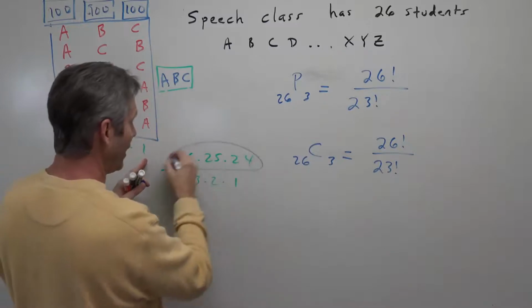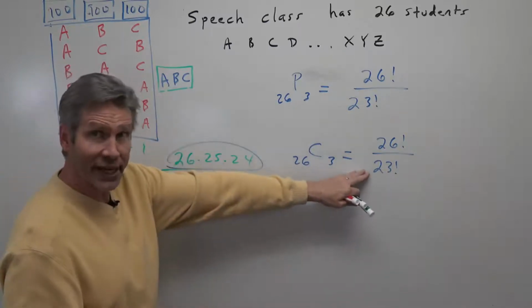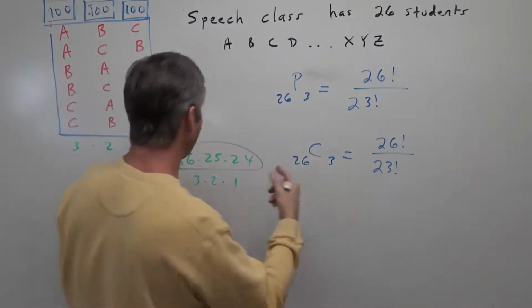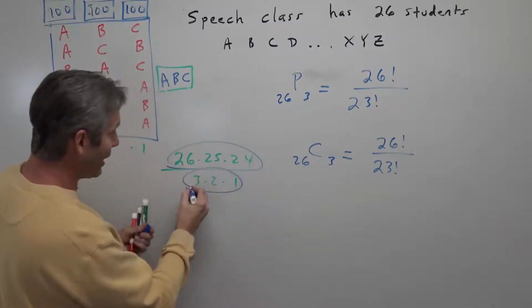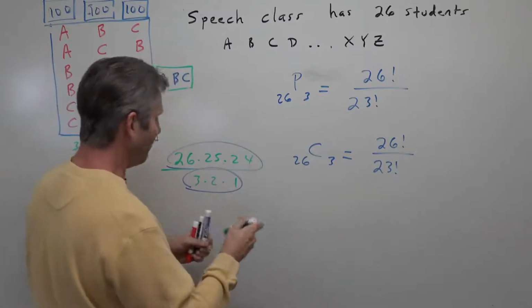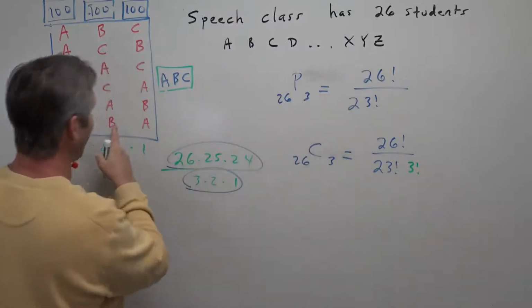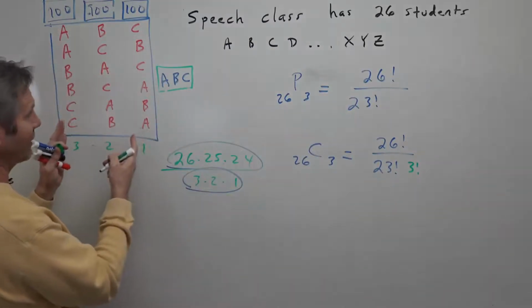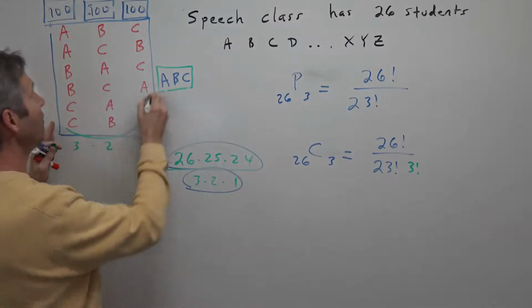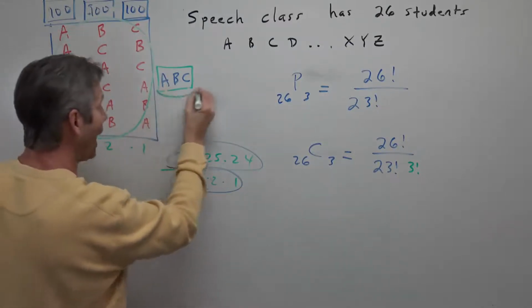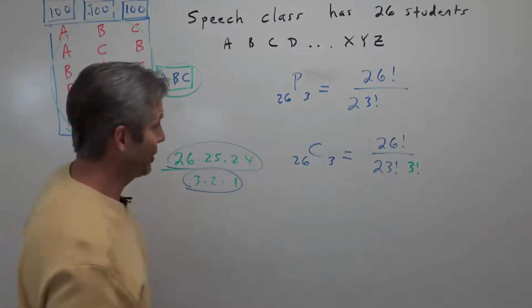That's this right here. This is equivalent to that. But now we have to divide by the order being important. And so we divide by 3 factorial, which is the number of ways the 3 people selected can be arranged, so that these 6 permutations collapse into one combination.